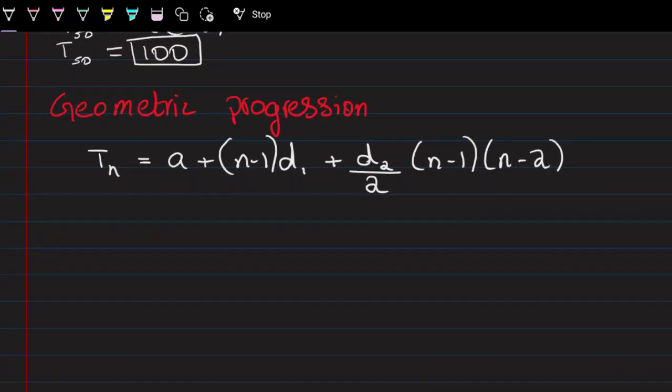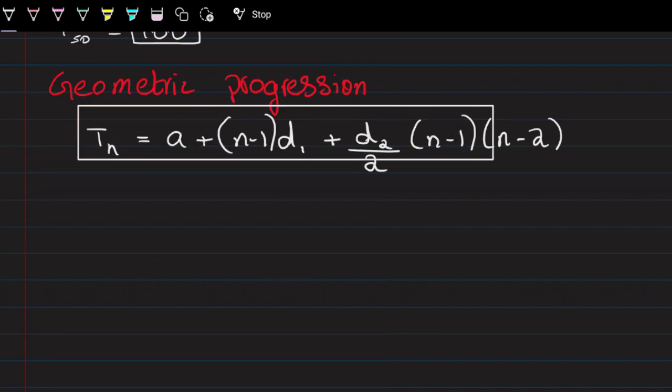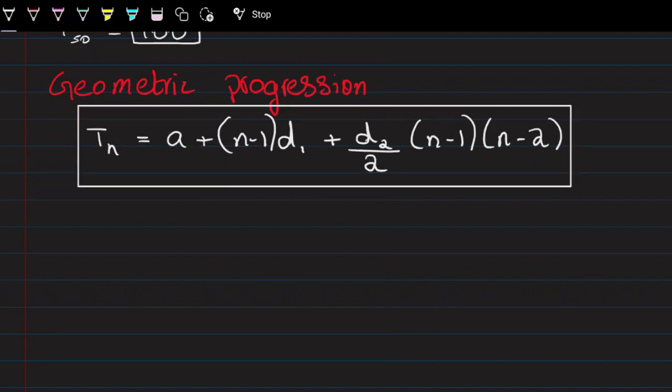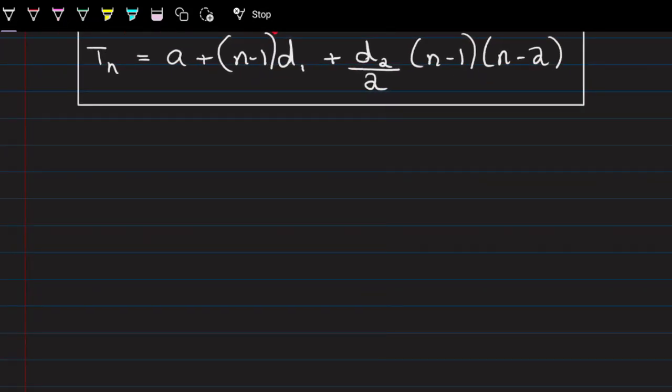Okay, so this might seem like a really daunting formula, but it actually isn't that bad. So this is what we're going to be using, right? So if I have a sequence which says it's 5, 8, 13 and then 20, we can see that the difference is not a common difference.